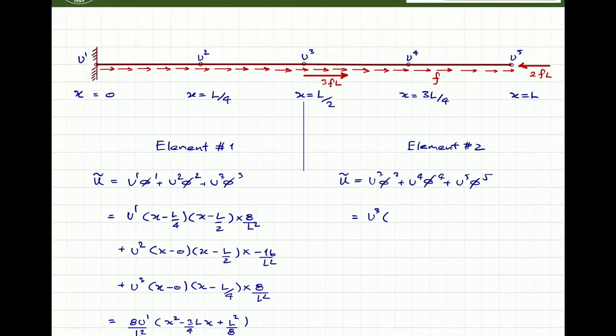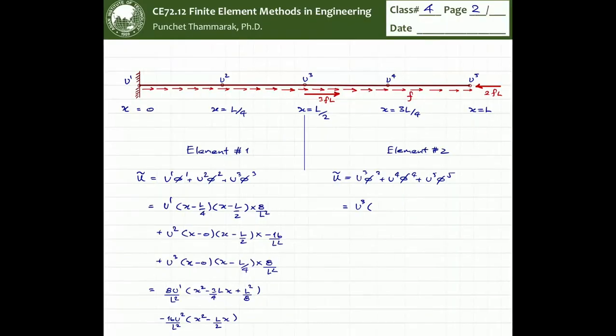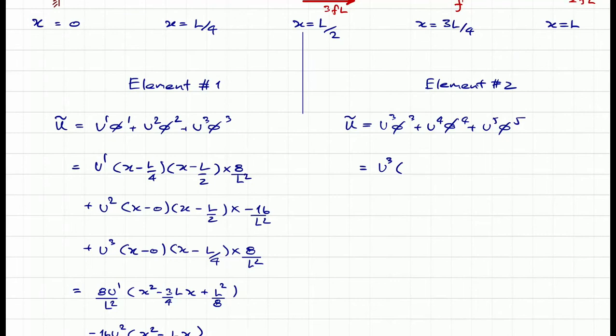So this shape function for u3 for element number 2 should exhibit the value of 1 at L over 2, 0 at 3/4 L, and 0 at L. So we will cast the function x minus 3/4 L and x minus L, right?